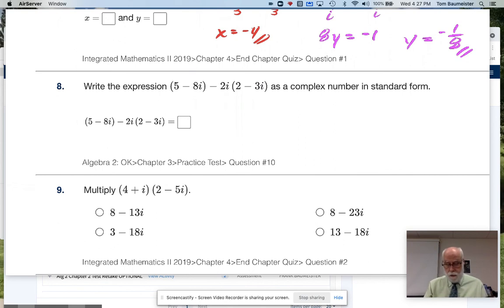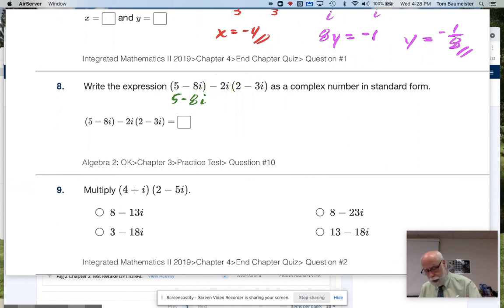Number 8, we're going to write 5 minus 8i minus 2i times 2 minus 3i as a complex number in standard form. The first one there is just going to stay the same, so 5 minus 8i. Now I'm going to distribute this negative 2i through the parentheses.